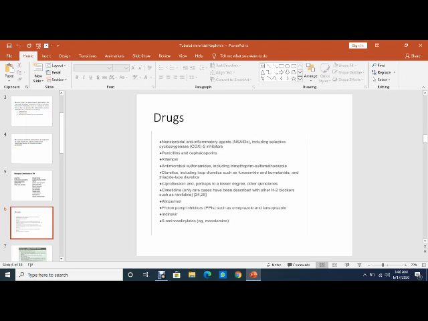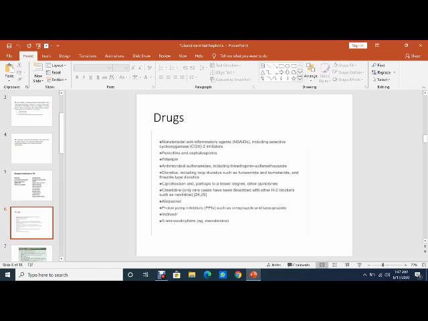Diuretics have an important role that leads to TIN, like loop diuretics, furosemide, bumetanide, and thiazide type diuretics. Quinolone, ciprofloxacin can cause it, and H2 blockers such as cimetidine and ranitidine.